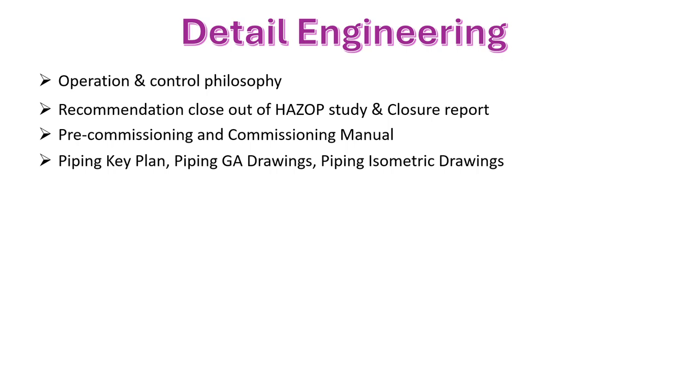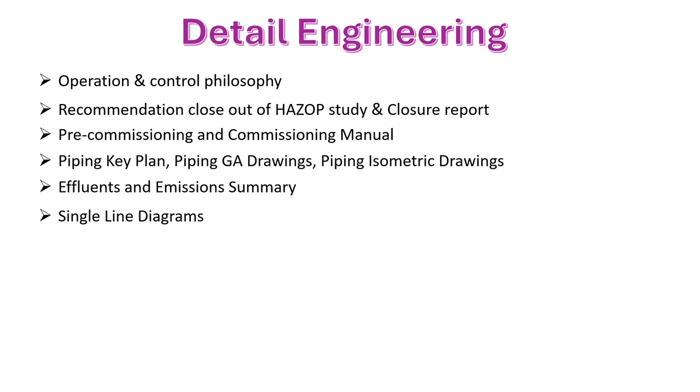Piping key plan, piping GA drawing review and approval, then release of piping isometric drawings for the execution, then the effluent and emission summary needs to be prepared. Okay, then single line diagram preparation for the multiple motors, electrical applications or lightings.